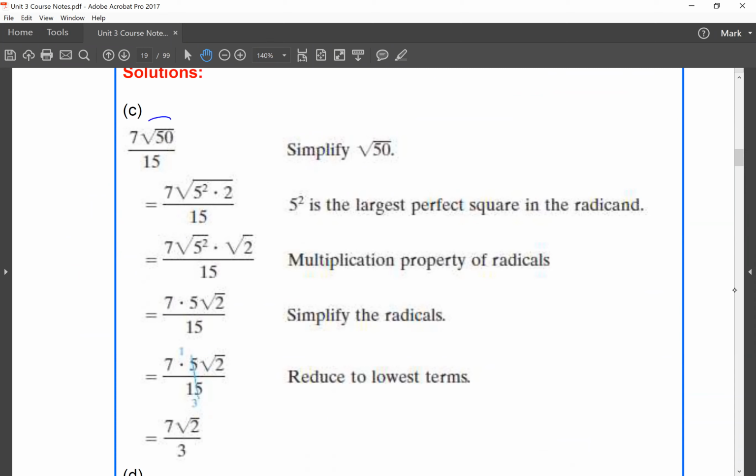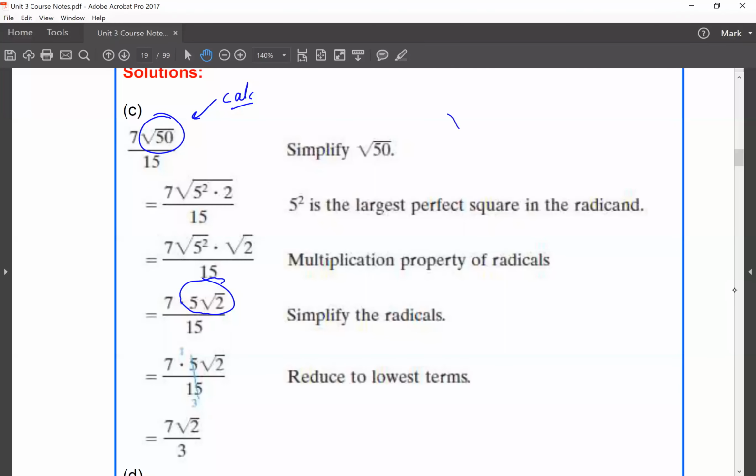So my first goal is to simplify the square root of 50. Again, anything with a number in it, you can do on your calculator. So the square root of 50 becomes 5 root 2.